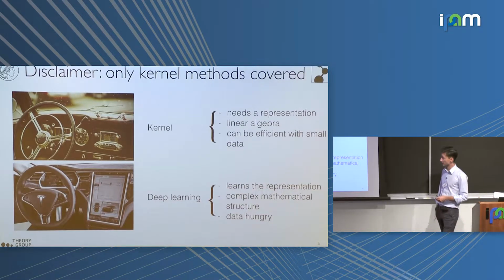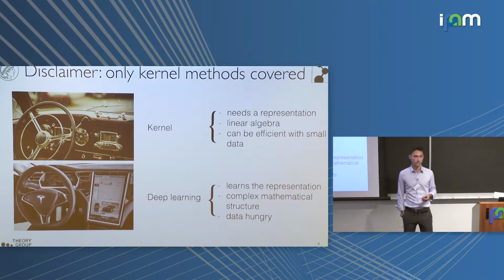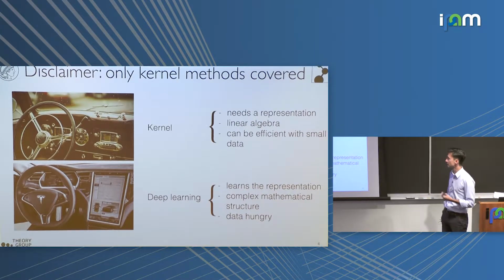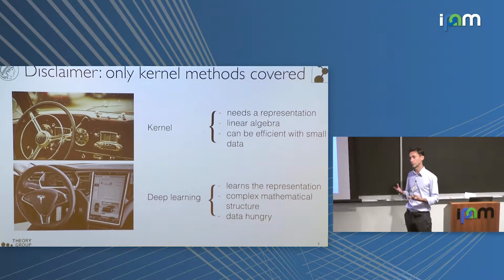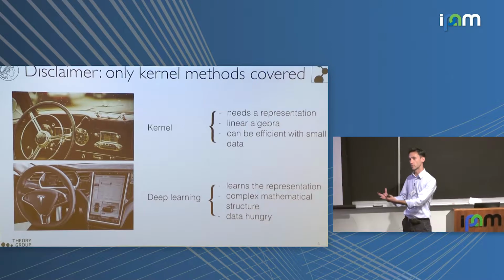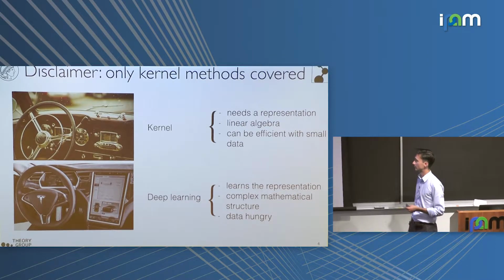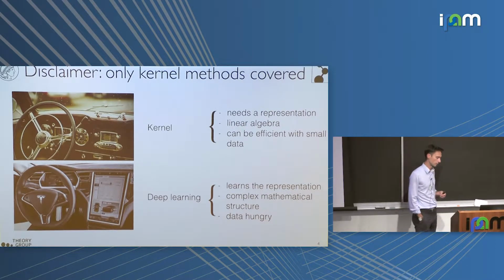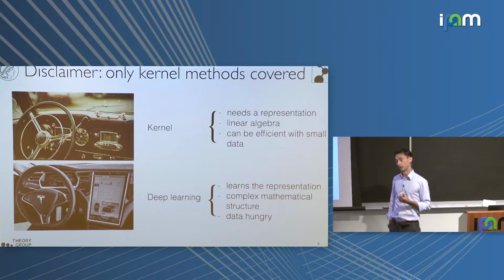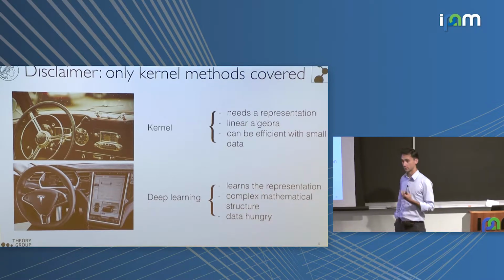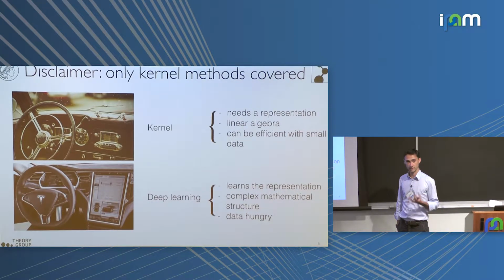One aspect is that I'm only going to talk about kernels here, and there's one main reason: it's mainly for didactics. It's actually quite a bit simpler to look at how the physics you're including shows up in your machine learning model, because the math is just simpler. So I'm not going to describe neural networks. There's a very rich and very quickly developing field of people working on deep learning, implementing physical conservation laws.